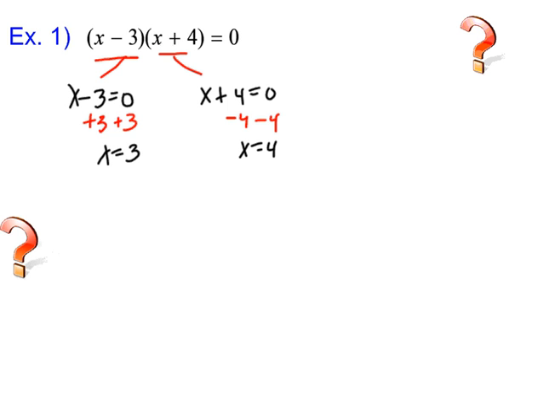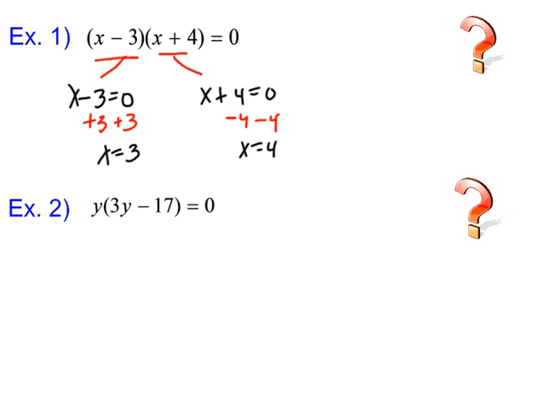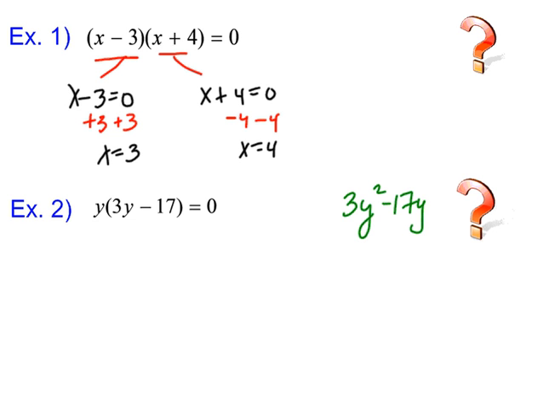Let's take it a step further and take a look at another one that's factored. This is y times 3y minus 17. At first, some people may get confused and not realize that this is really 3y squared minus 17y equals 0 factored. This is what was started with the greatest common factor of just a y. In pulling the y out, there's that y, and what remains is the other factor. The same thing applies, just like in example 1.